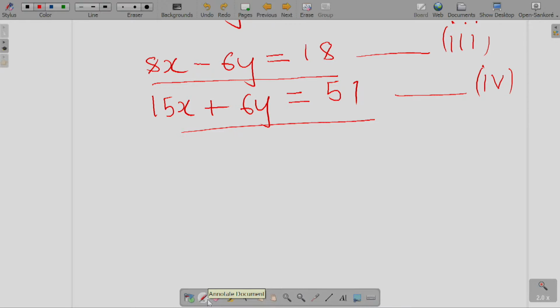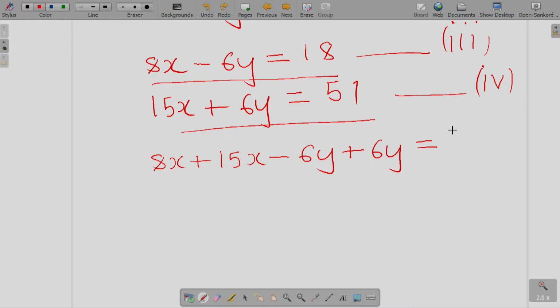If you add these two equations, we'll have 8x plus 15x, minus 6y plus 6y equal to 18 plus 51.